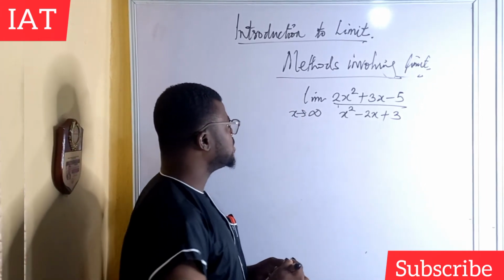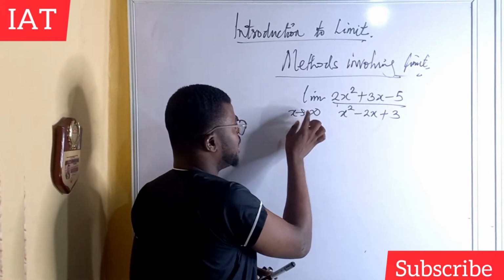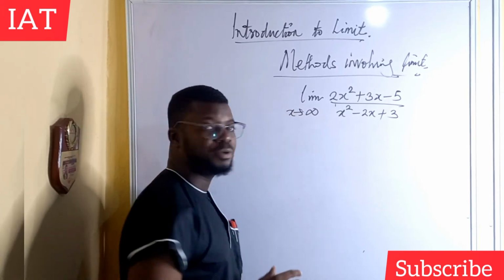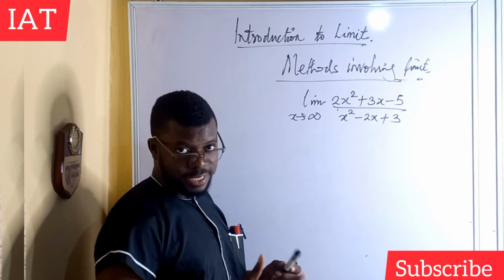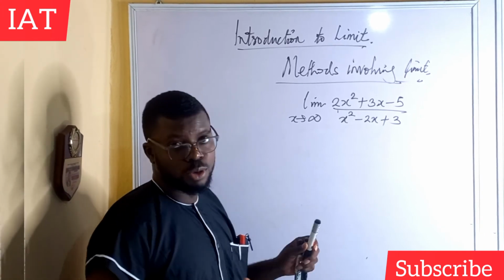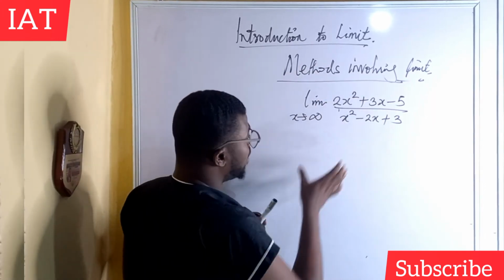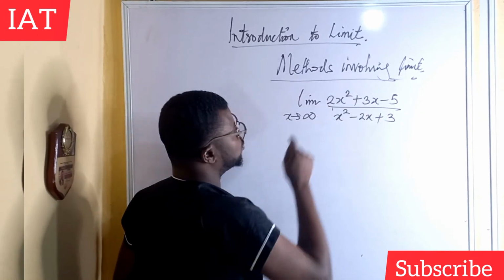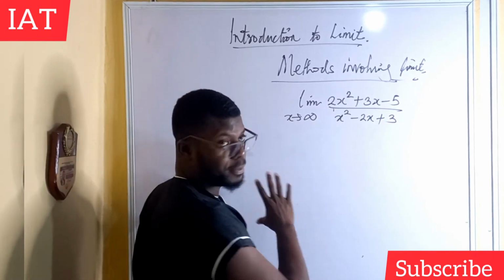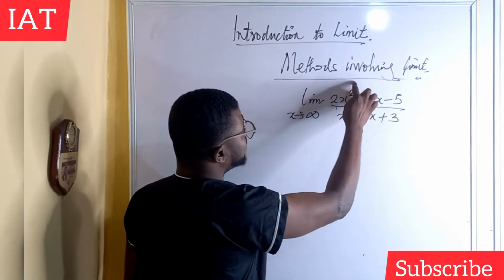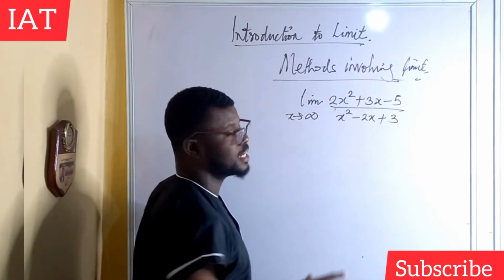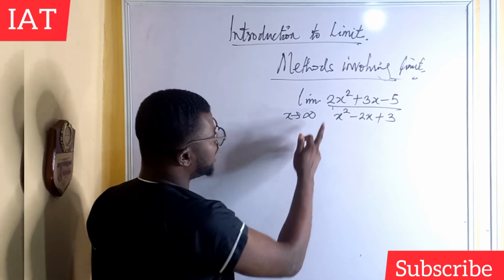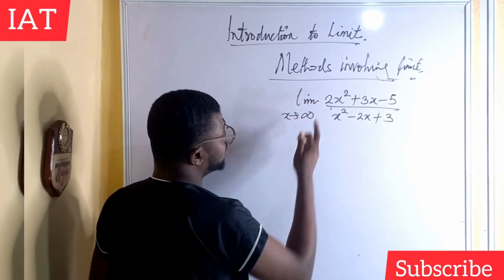Immediately you see that x tends to infinity. Just try this method, dividing the numerator and denominator by the highest power. At this point, the highest power is 2. In some cases, if it is a polynomial problem, you see the highest power to be 3 or 4 as the case may be. That's what you're going to use. You don't have to involve the coefficient. The coefficient is not important here.